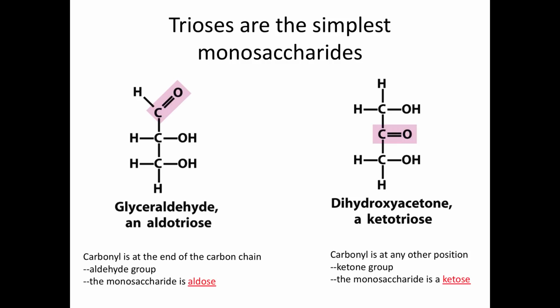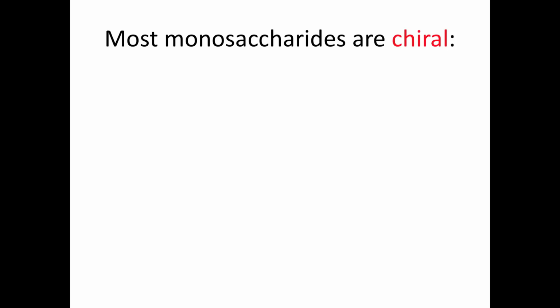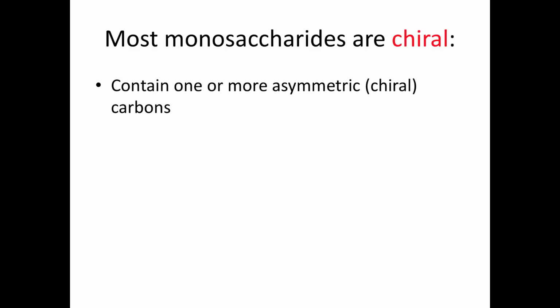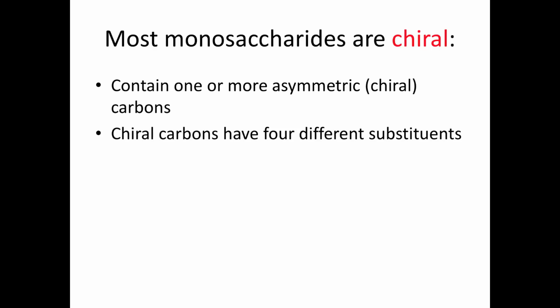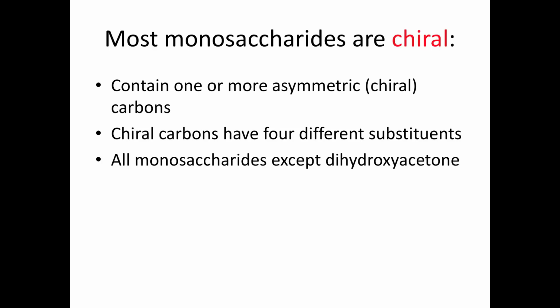So another characteristic of monosaccharides is that they are chiral. And so what that means is that they have 1 or more asymmetric or chiral carbons. So by definition, chiral carbons have 4 different substituents. All monosaccharides except dihydroxyacetone have a chiral carbon.